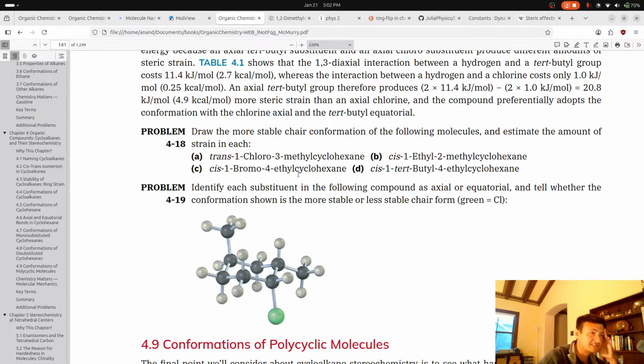All right, now cis-1-ethyl-2-methyl. If it's cis 1,2, it can either be AE or EA again. So let's draw the structure. Jeez, that was the worst ring ever.